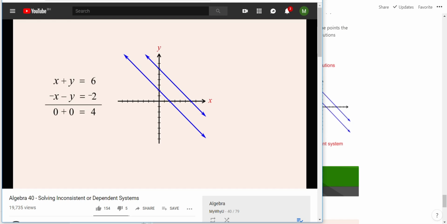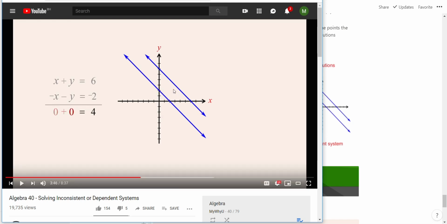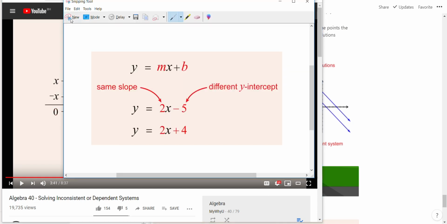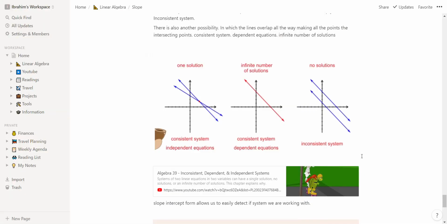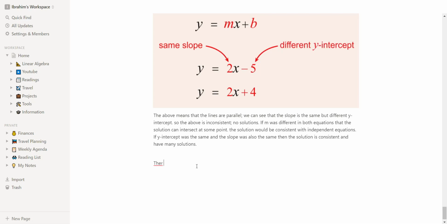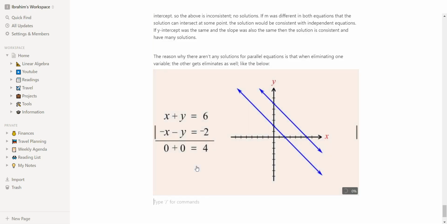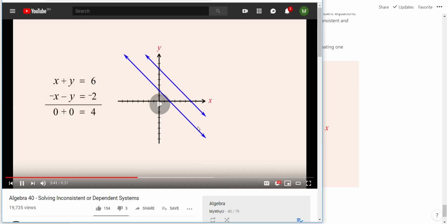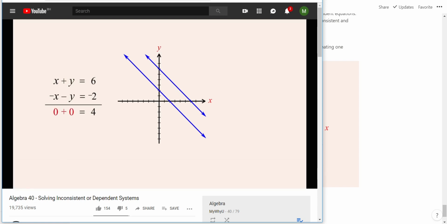But when we eliminate one variable, both variables are eliminated. And we get the equation 0 equals 4.